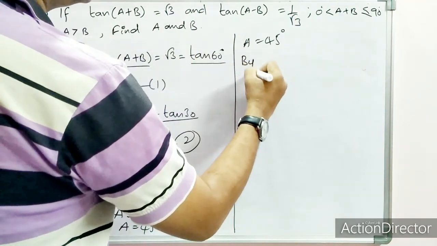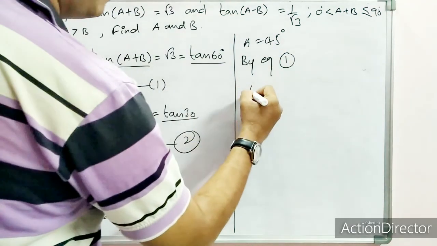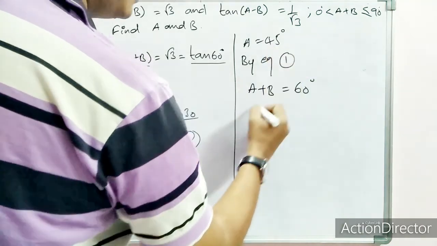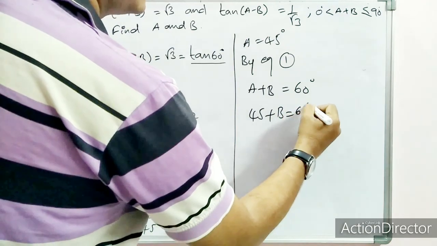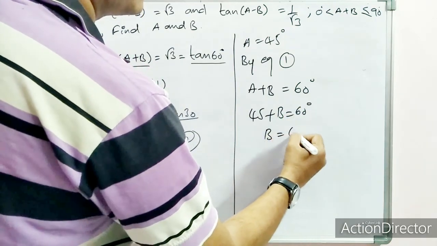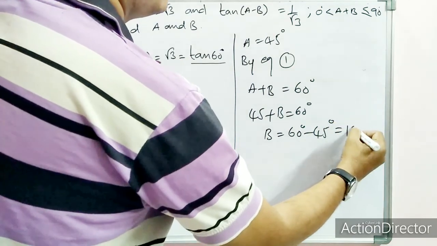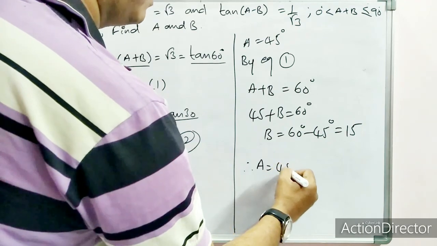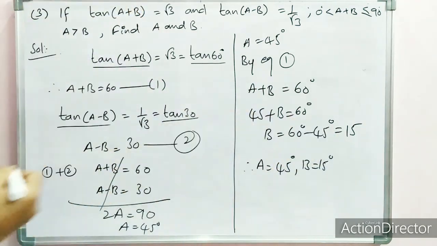By equation 1, A+B is 60. Now A is equal to 45, so 45 plus B is equal to 60. Now B is equal to 60 minus 45, it will become 15. Therefore, finally A is equal to 45 and B is equal to 15 degrees.